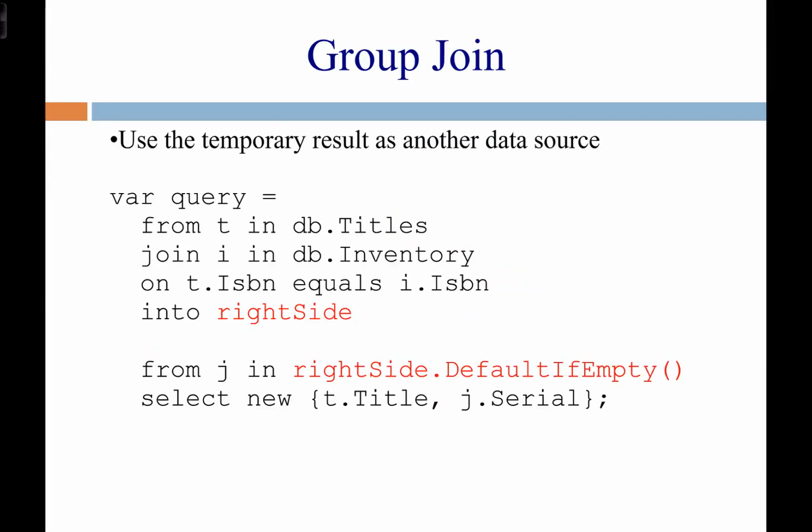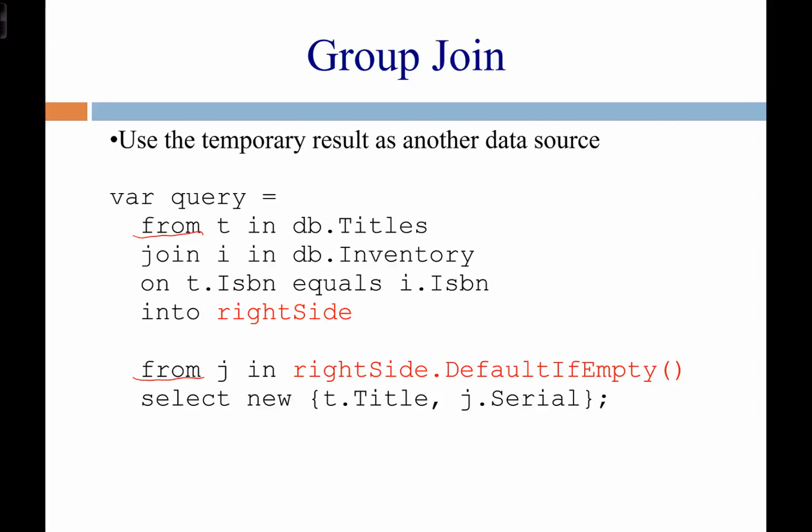So I have my original query. This is just from the other slide, where I'm creating the right side temporary data source, and I'm also selecting titles with T. And then what we can do is put another from clause. So I have two froms in this query.